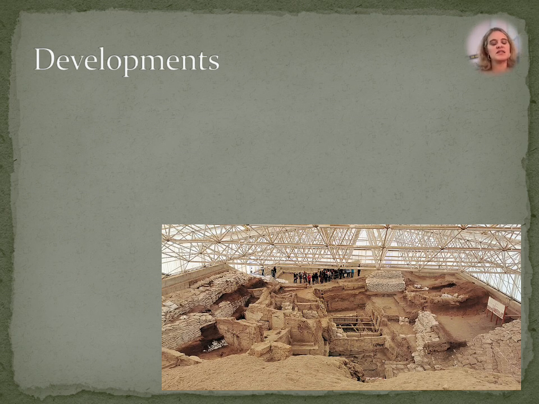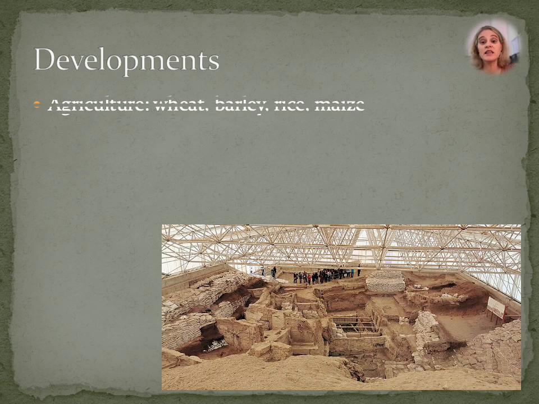As we start settling down and developing these new farming communities, there are some key developments that happen as a result. Climate changes after the ice age and creates these conditions. People begin domesticating plants and animals, inventing new tools, and settling in permanent communities, right? In terms of agriculture, we're seeing the beginnings of what we call cereal crops.